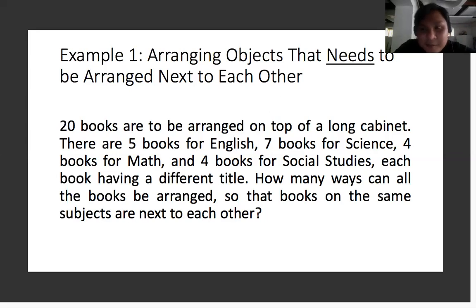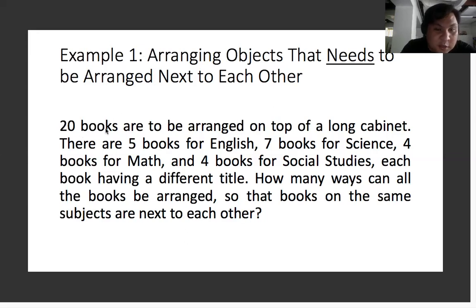This one is slightly different because usually we just choose objects and not worry about which ones are next to each other. But there are cases wherein you have to choose objects, you have to arrange them, and some of them need to be next to each other. Let us consider the example.